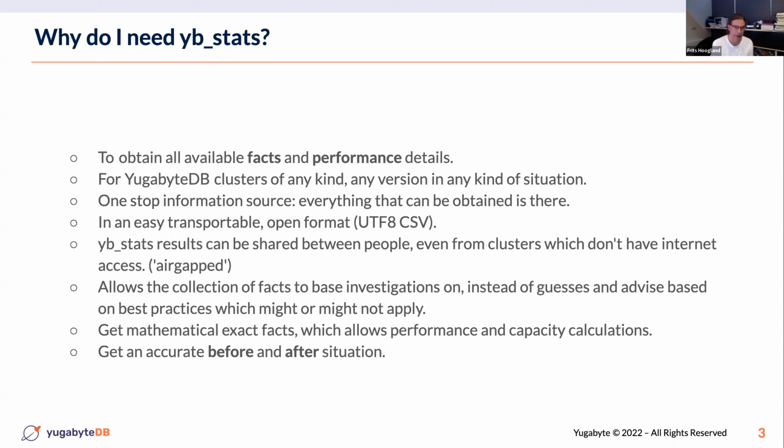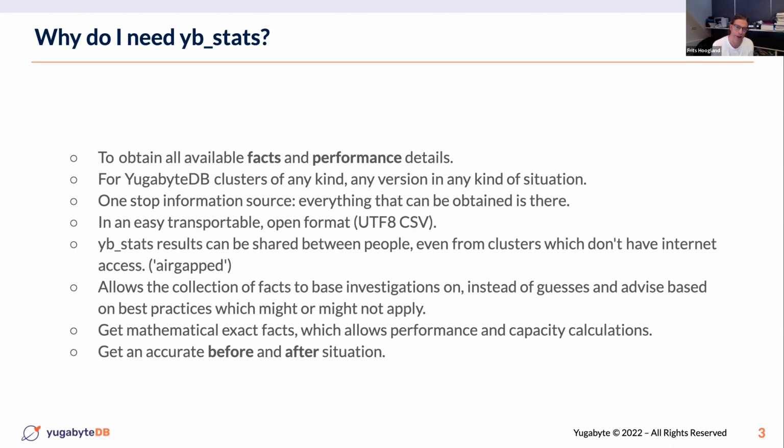And what I do find really important, and what I sometimes see go wrong in general, and what I've also seen in the past, is that it allows for the collection of facts. So if you're investigating something, and you have a hypothesis about what might be wrong or what might be happening, you can look into the facts and see if that is actually happening.